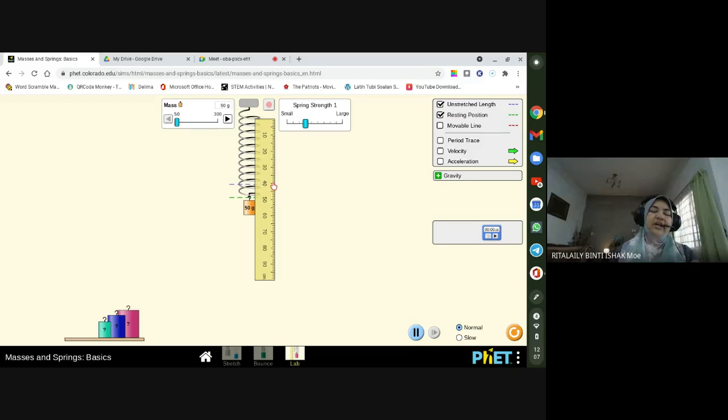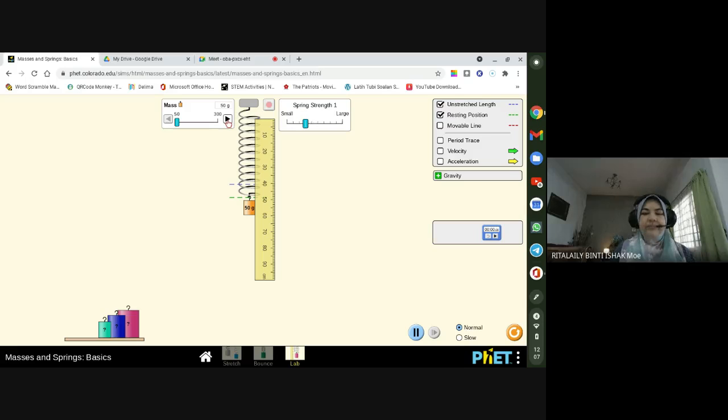Then when we hang 50 grams of weight, it extends up to 48 cm. So the initial position is 40 and the final position is 48 cm.